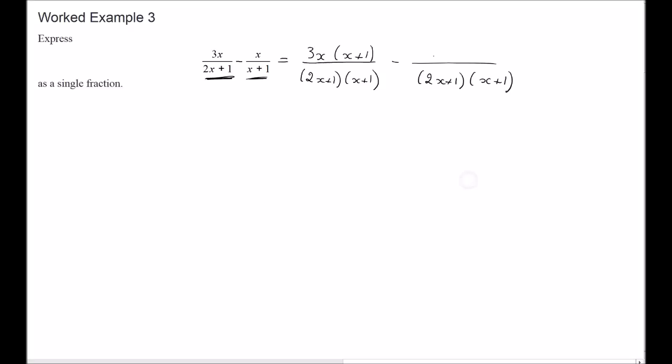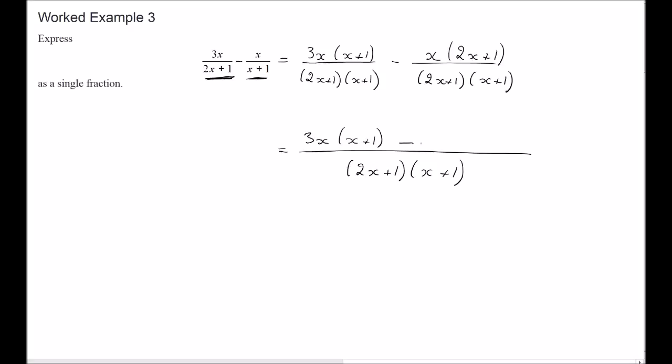This denominator was multiplied by 2x plus 1, so I need to multiply by 2x plus 1. Now again, one big denominator, 2x plus 1 times x plus 1. And I am going to put everything on one big fraction. I'm not going to calculate it out yet, just to make a point.